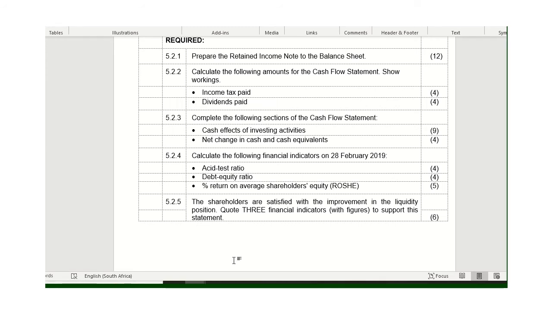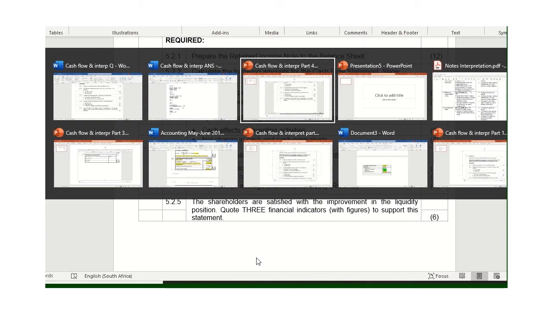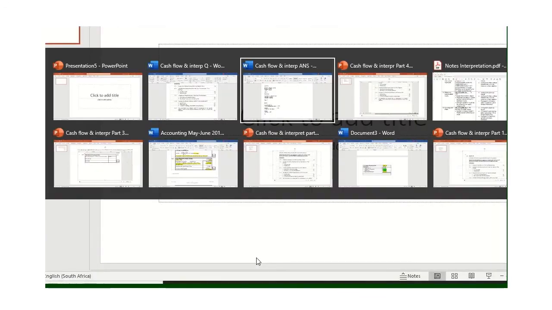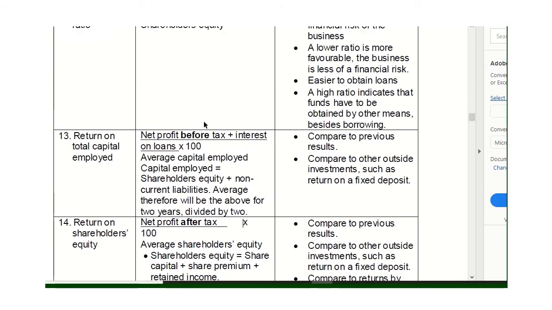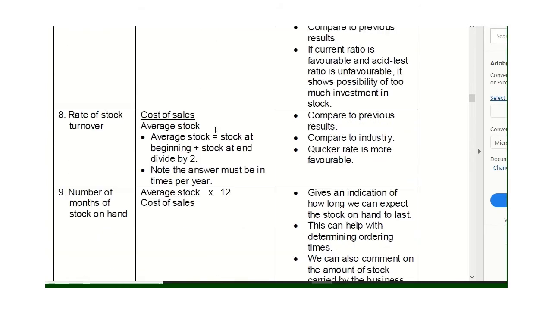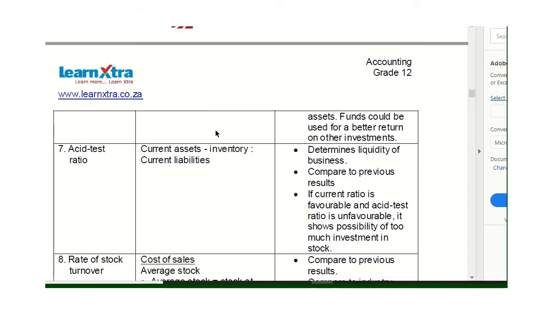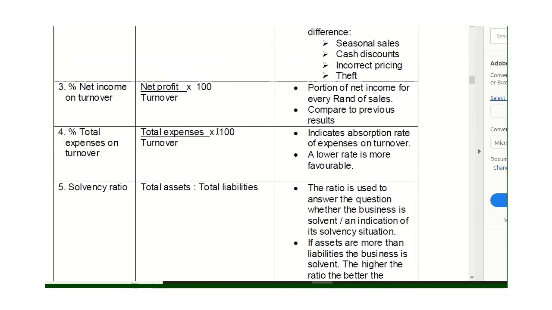5.2.5. The shareholders are satisfied with the improvement in liquidity position. Quote 3 indicators. So I need to look at liquidity indicators and quote them with figures to support the statement. Now the liquidity, let's just go back to my list of formulas.